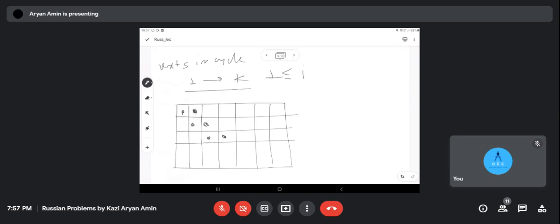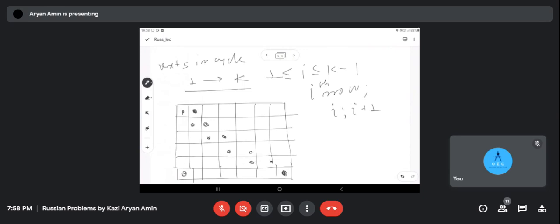In general, for i at most k minus 1, the ith row has i and i plus 1 marked, and the last row has the kth and first marked.